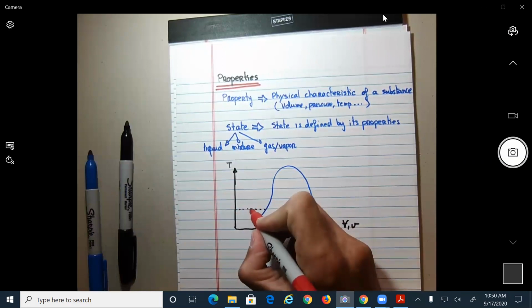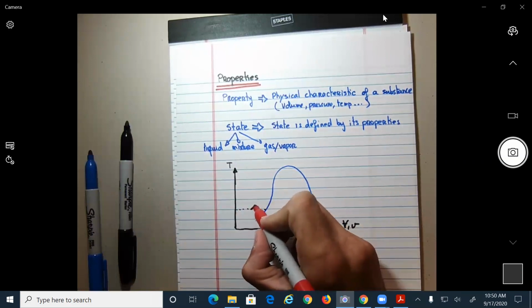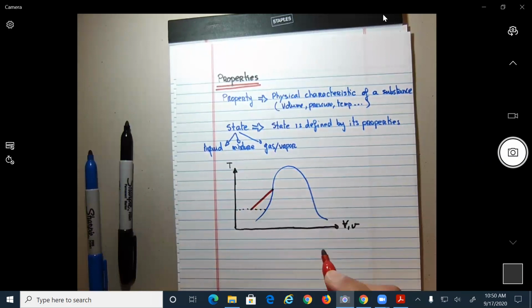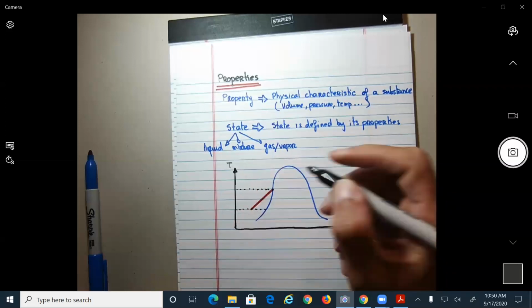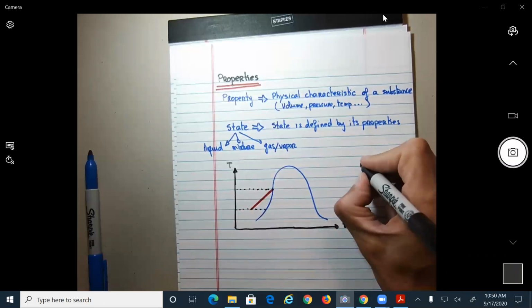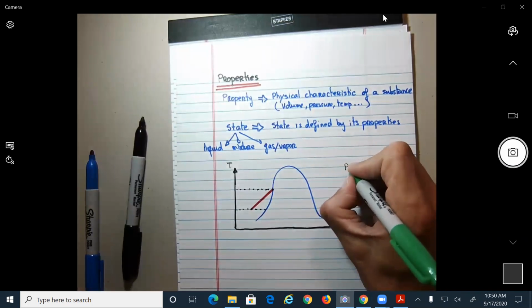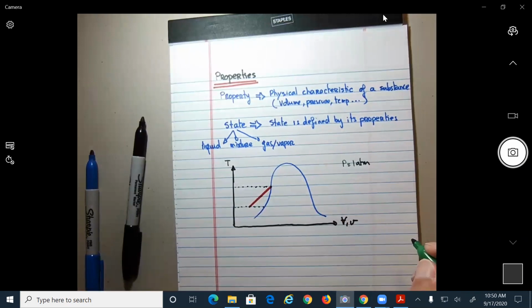And you have a certain volume over here. What's going to happen if you start boiling the water? The temperature is going to increase, increase, increase, correct? Up to, let's say you're boiling water at a pressure of 1 atmosphere.